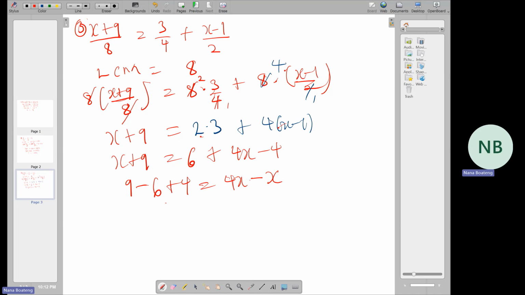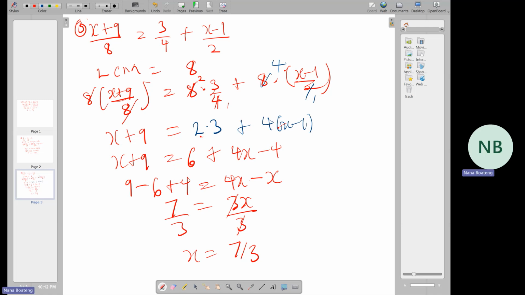So we have 7 is equal to 3x. If we divide both sides by 3, then we get x is equal to 7 divided by 3 as our solution.